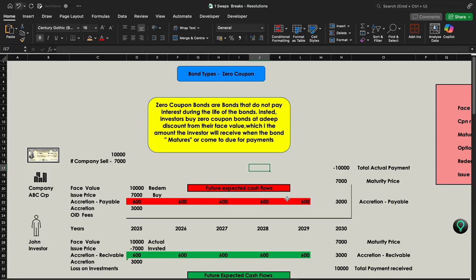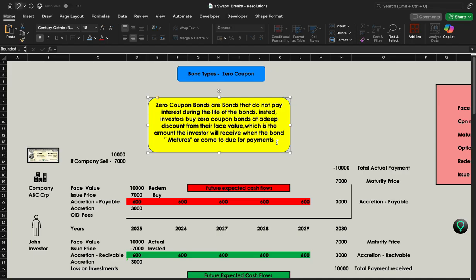Instead, investors buy them at a discount from their face value, which is the amount that investors will receive when the bond matures. That bond you can call a zero coupon bond.